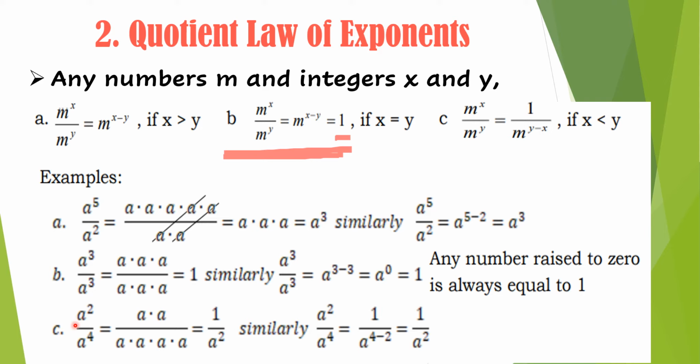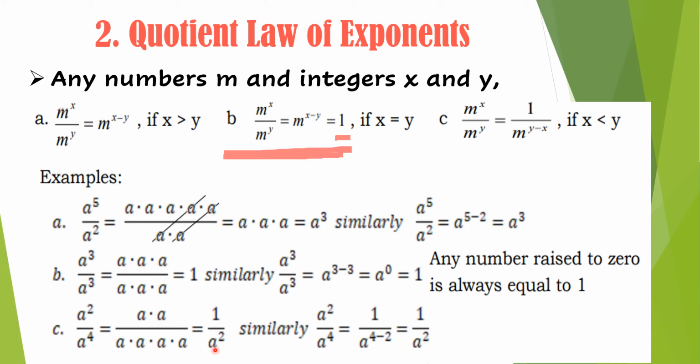Case number 3, a raised to 2 divided by a raised to 4 using the expansion form. Okay, a times a divided by, multiply ng 4 na a. So, kapag apply cancellation, makakancel yan. Ano lang matitira sa numerator? May matirang 1. And then sa denominator, dalawang a.